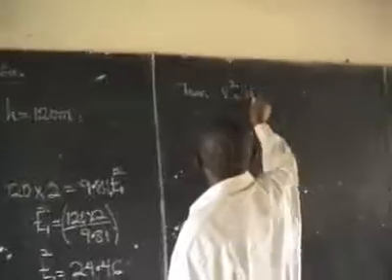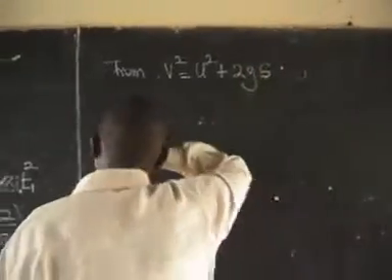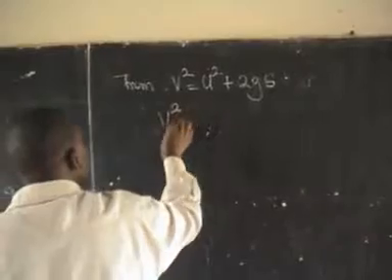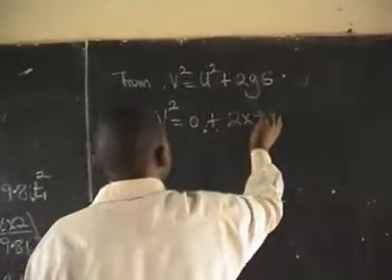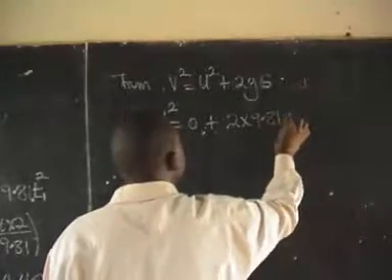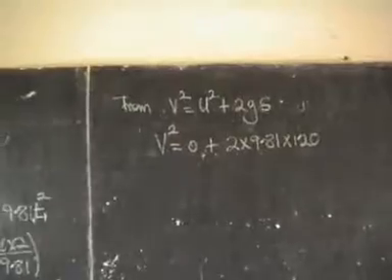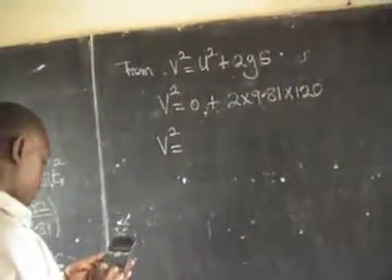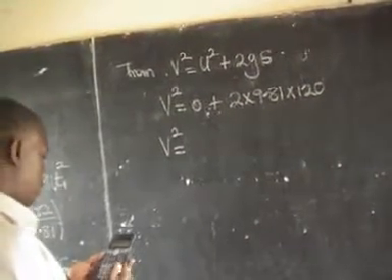So from the third, v squared is equal to u squared plus 2gs. So when the body hits the ground, if you have v squared, this is 2 times 9.81 times the distance you will have covered. v squared is equal to 2 times 9.81 times 120.